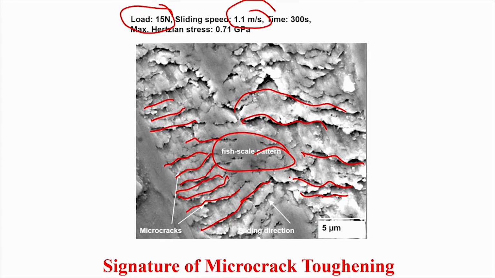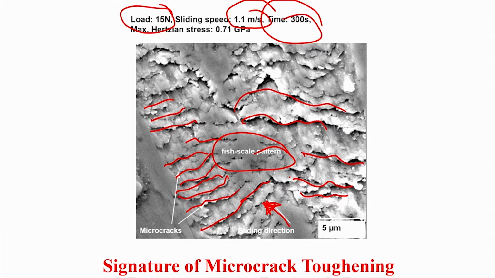So essentially, in this particular case these microcracks form and grow preferably in the direction perpendicular to the sliding direction, and they do not grow to a very large extent simply because of the limited sliding time that we have.